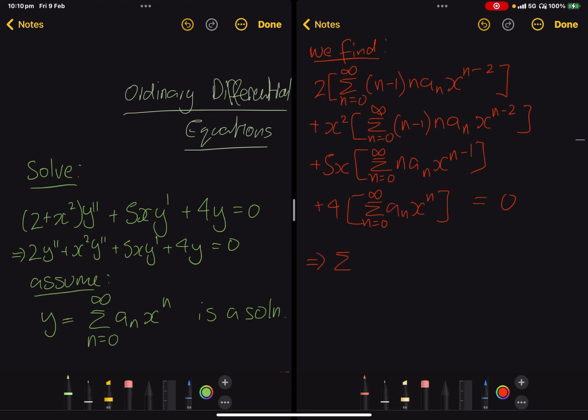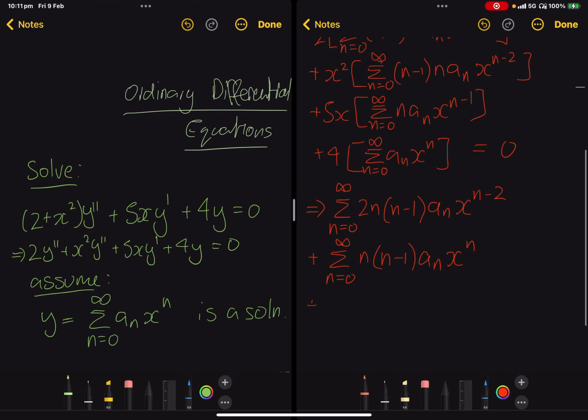So we get the sum from n = 0 to infinity of 2(n − 1) n aₙ xⁿ⁻², plus the sum from n = 0 to infinity of n(n − 1) aₙ xⁿ⁻²⁺², which is xⁿ, plus the sum from n = 0 to infinity of 5n aₙ xⁿ, plus the sum from n = 0 up to infinity of 4aₙ xⁿ. This is all equal to 0.